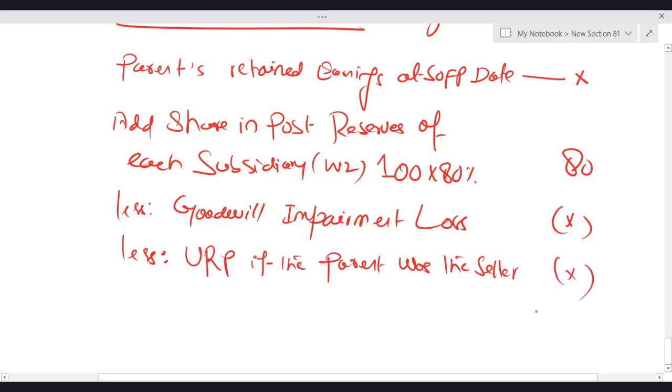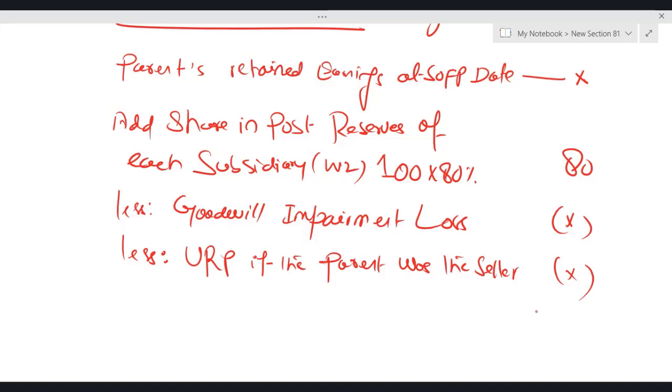Now listen carefully. It is not necessary that you will always have a positive goodwill. It is possible that instead of positive goodwill, you have a negative goodwill. The name for negative goodwill is gain on bargain purchase. Either in the partial goodwill method or the full goodwill method, the entire gain on bargain purchase belongs only to the parent.